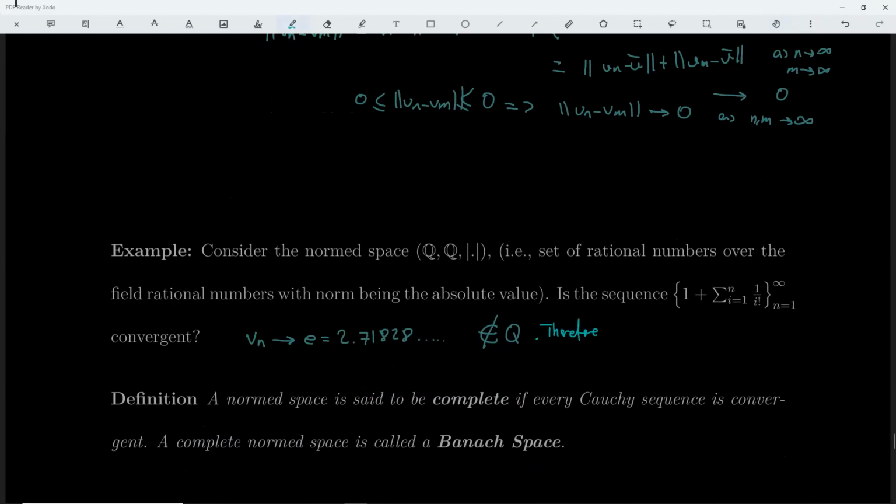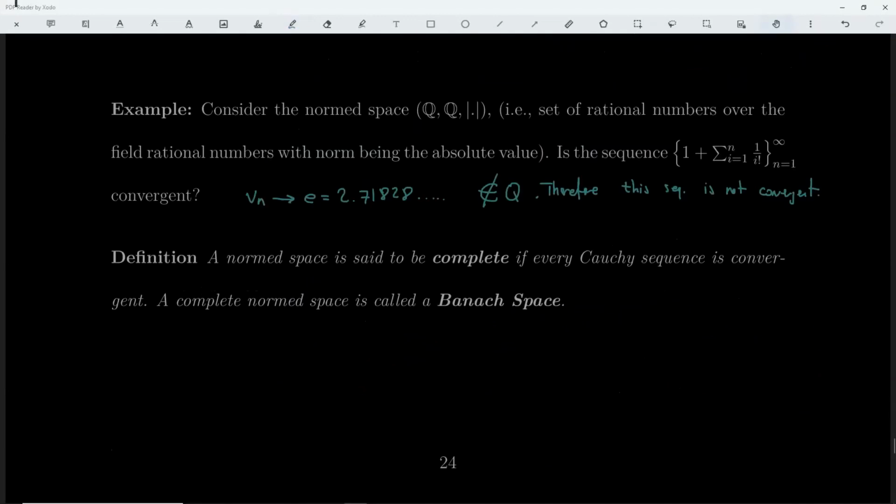And the next definition is about the completeness of the norm spaces. So a norm space is said to be complete if every Cauchy sequence is convergent. And a complete norm space is called a Banach space.